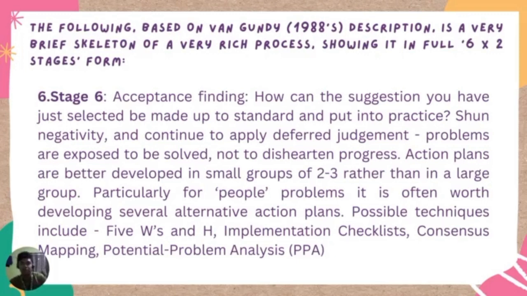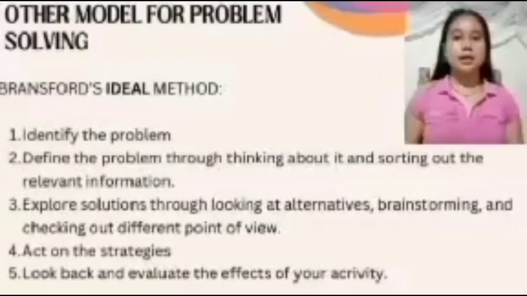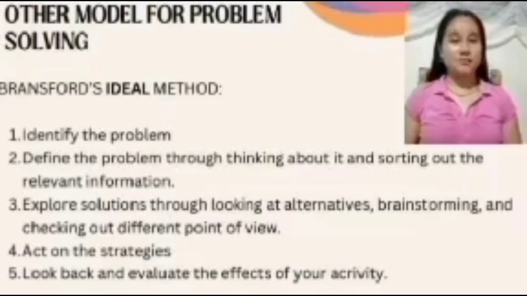So let's move on to the other model for problem solving. We have the Bransford IDEAL method. So, I would explain Bransford's IDEAL method as a model for problem solving that consists of 5 stages. The first stage is to identify the problem.